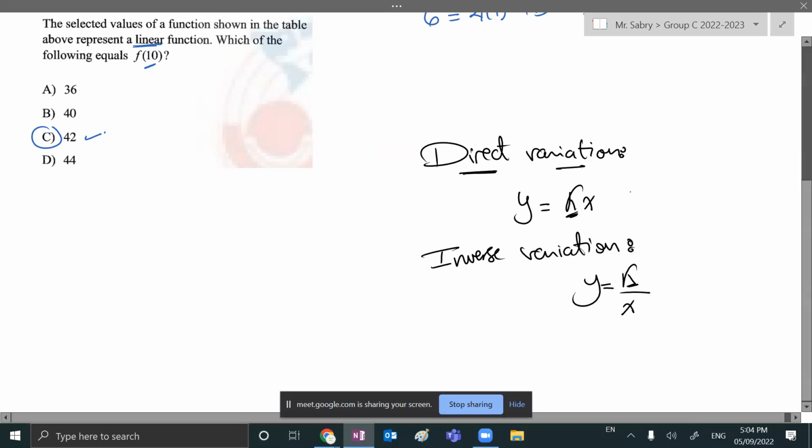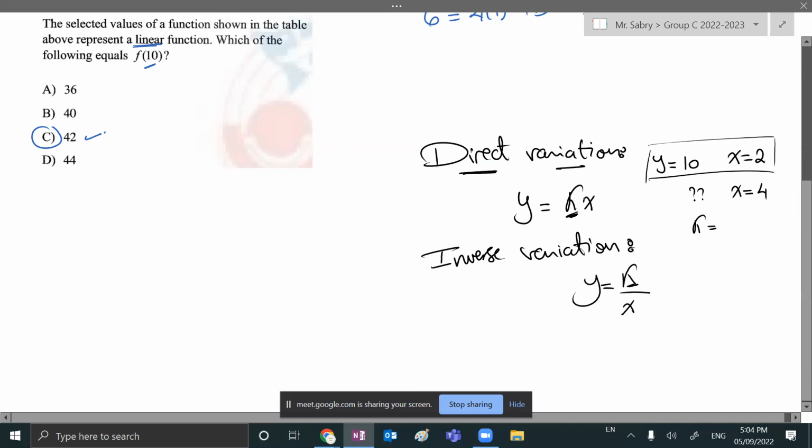So if I was given y and x values, and you're asked what would be the y if x was equal to 4, you can use the given x and y to find the k first.